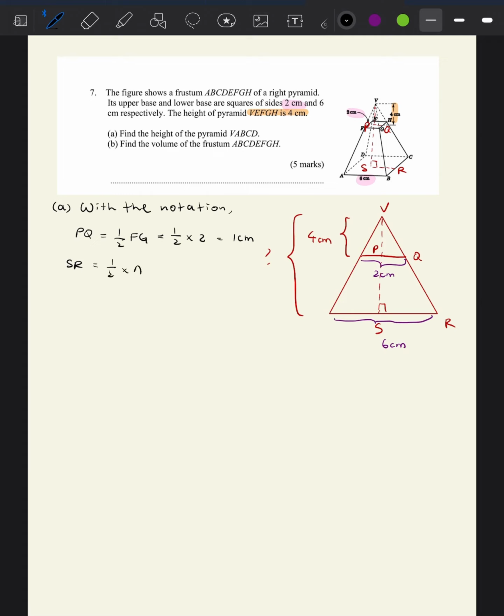And SR is half times AB, so half times 6 cm, which is 3 cm. This 1 and 3 is not given in the question, so you always have to tell me how you get your 1 and 3.